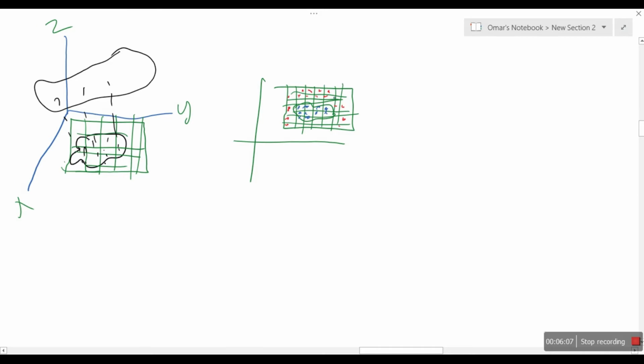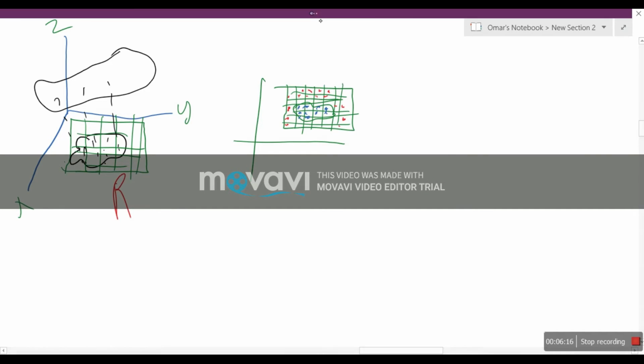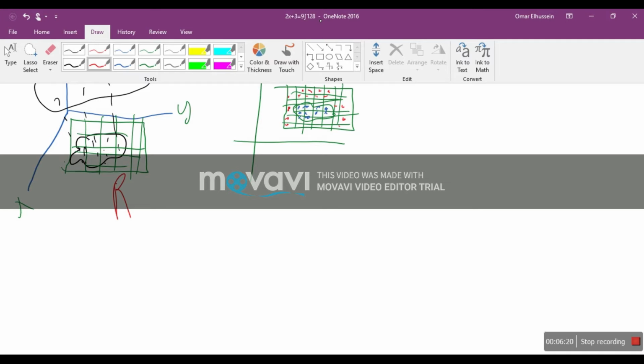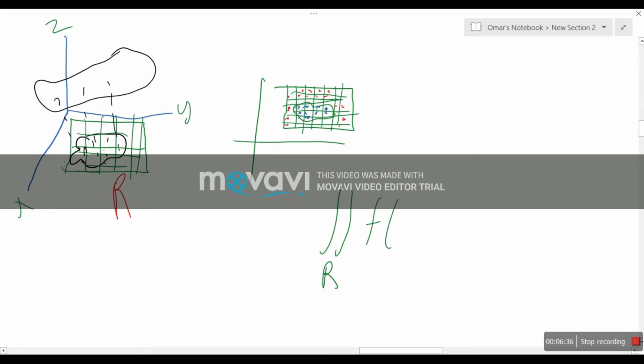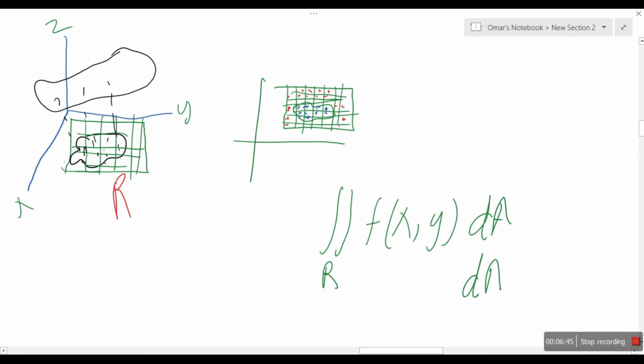So in that case, we call this region R a general region, and we can solve for that with the double integral over region R of the function f of x and y dA, which is also dy dx.